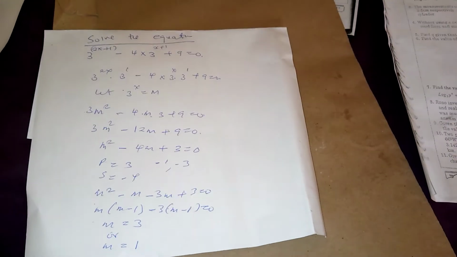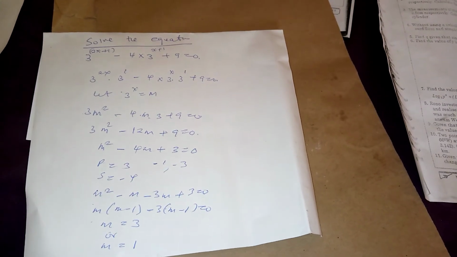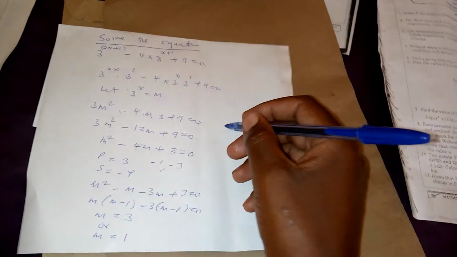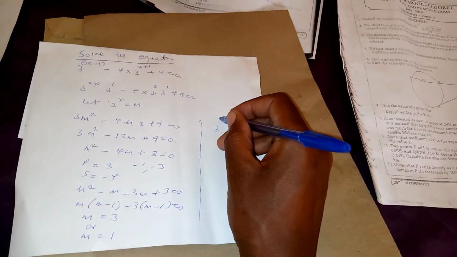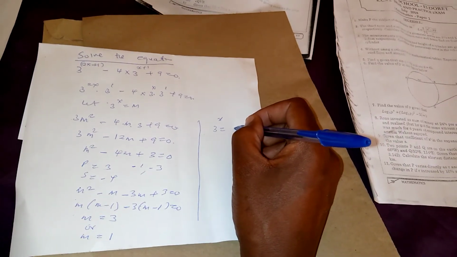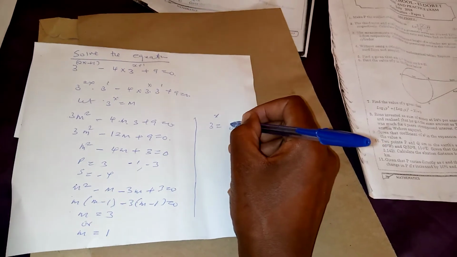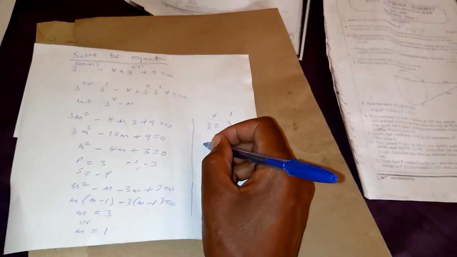Now, in the beginning I had said that let 3 to power x be equal to m. So I can go back there because I'm not interested in m, I'm interested in x. I'll say now 3 to power x is equals to m, and in this case I begin with 3. And you notice that 3 is like 3 to power 1, written in power form. So we have x is equals to 1.